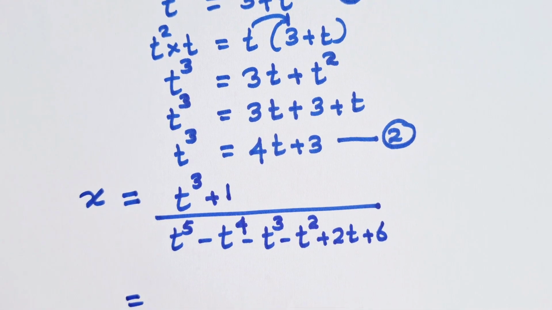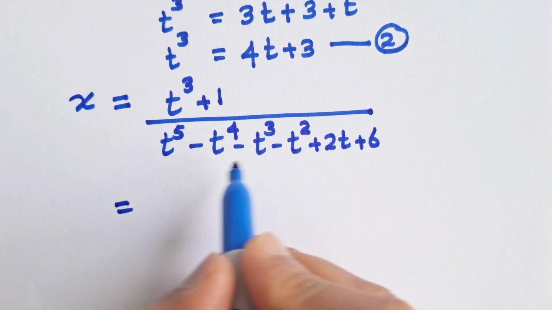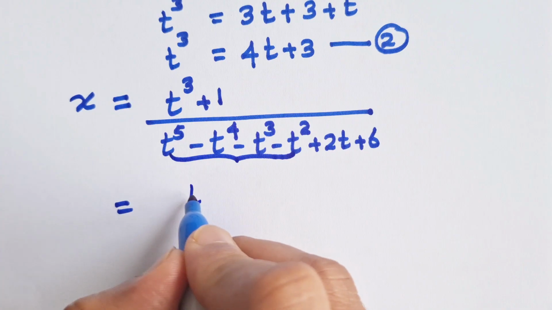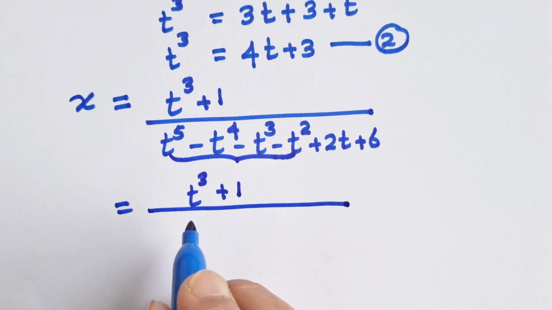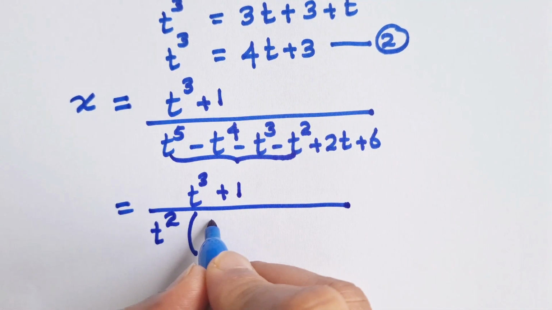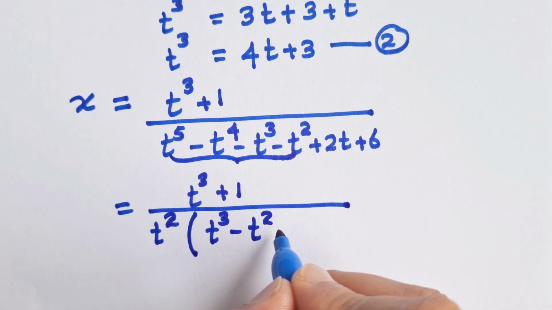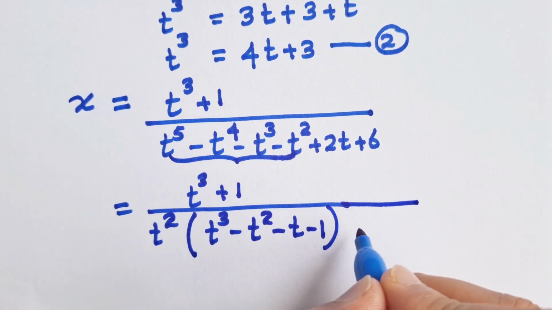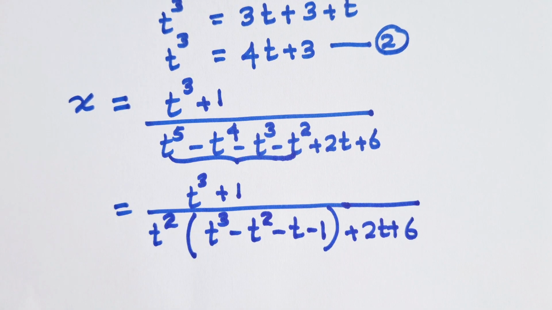So now I'm going to factorize this one. Here t to the power 2 is the common factor. I'm going to take out the common factor t square. Then in the bracket we have t to the power 3 minus t to the power 2 minus t minus 1, plus 2 times t plus 6.